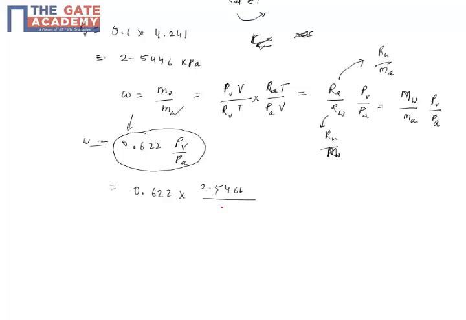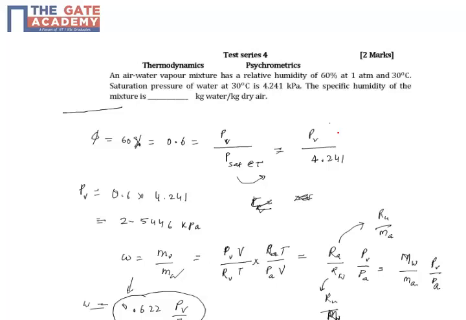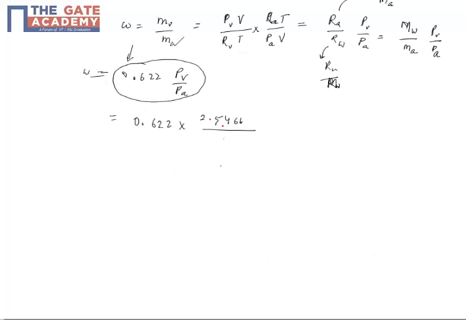The pressure of air we need to get. One atmosphere is the total pressure of water plus air, so you have to subtract the vapor pressure from it. PA is the total pressure minus the vapor pressure.